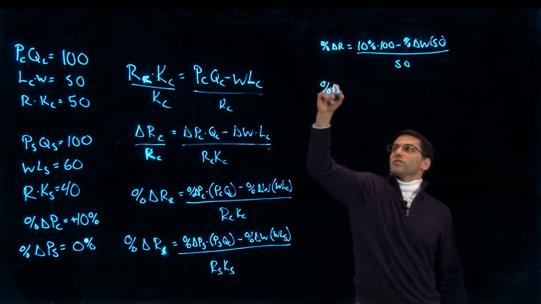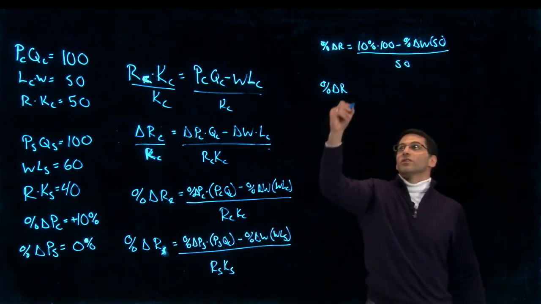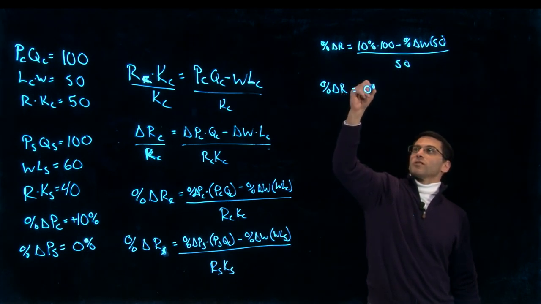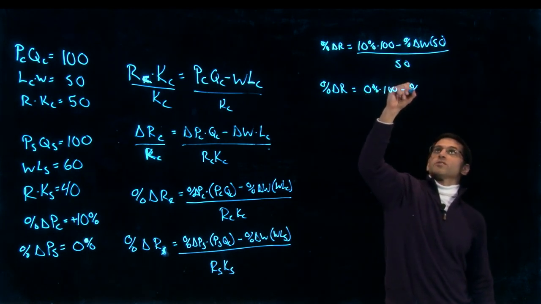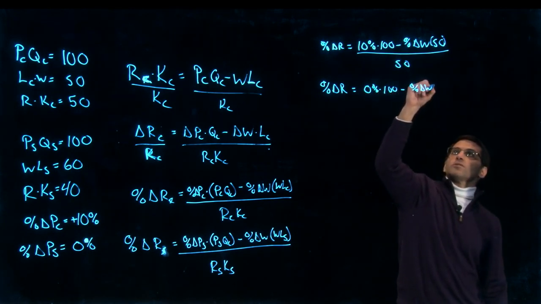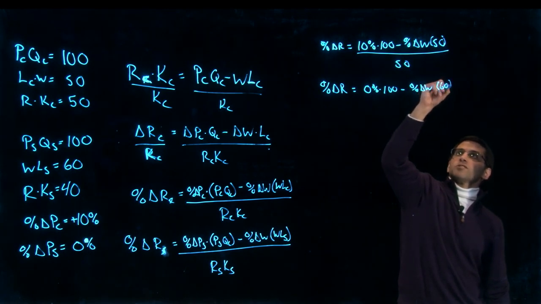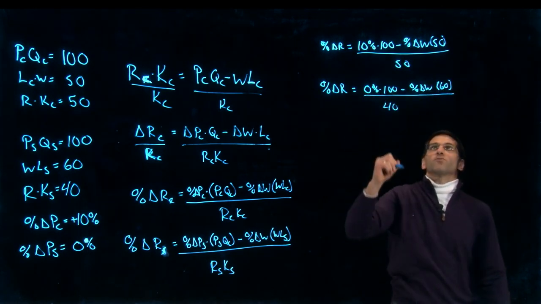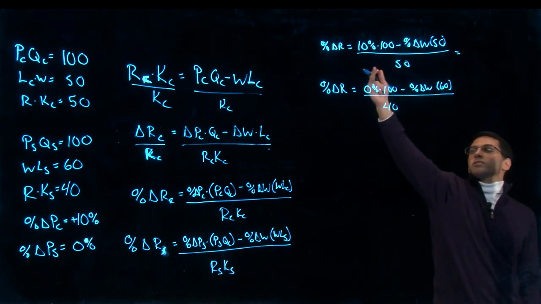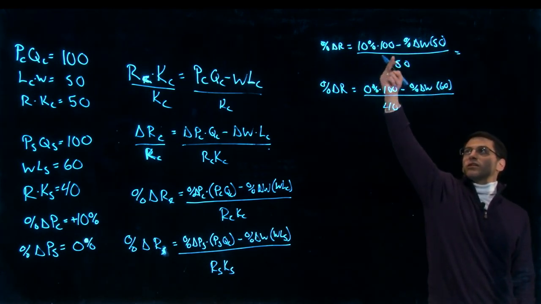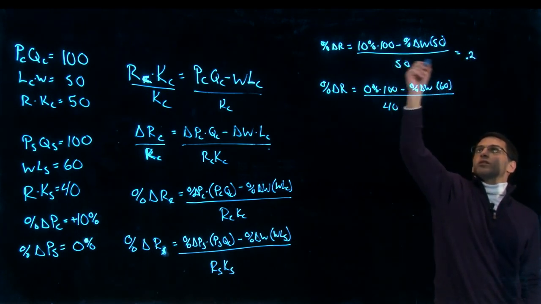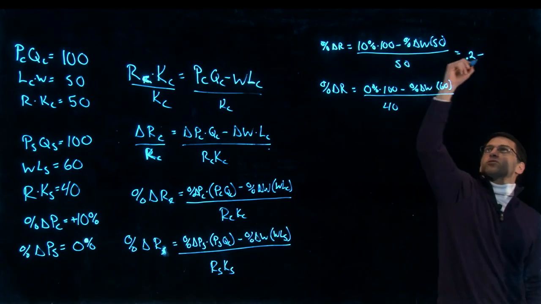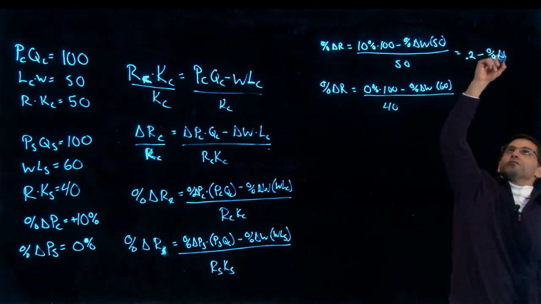And the percent change in the rental rate from our second equation is equal to the percent change in the price of shoes, which was 0, times 100 minus percent change in W times 60, all over 40. So what does that simplify down to? It simplifies down to, so 10% of 100 is 10, so that's 1/5, or 0.2, minus the 50 over 50 cancel, and we just have the percent change in W.